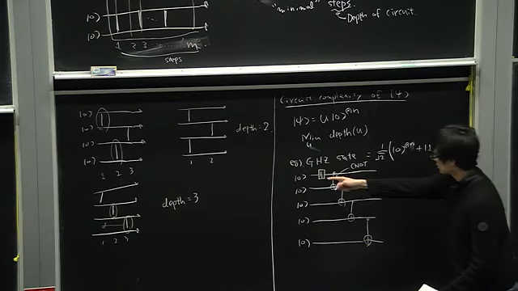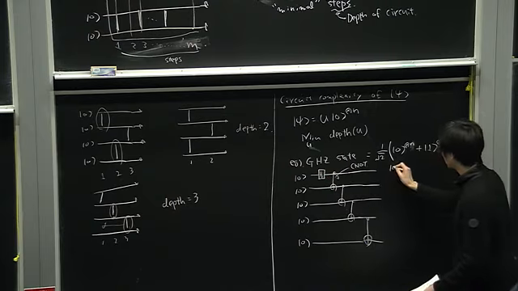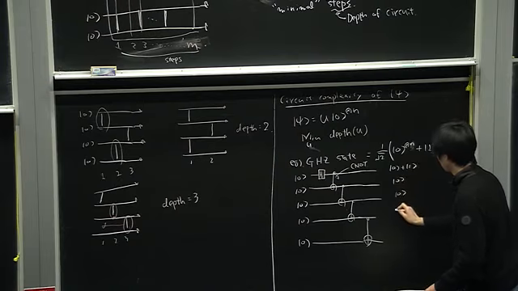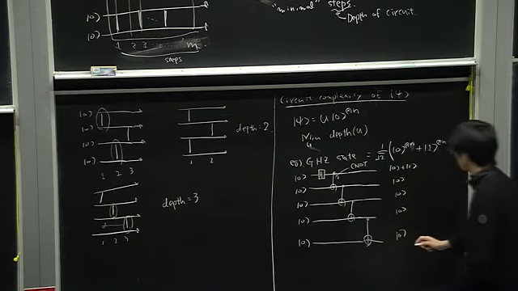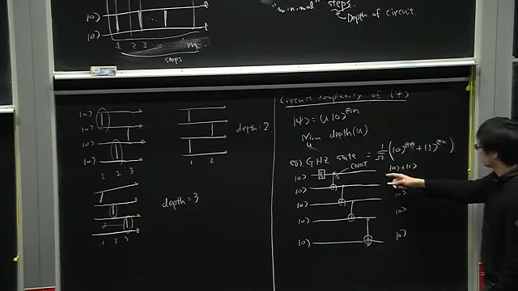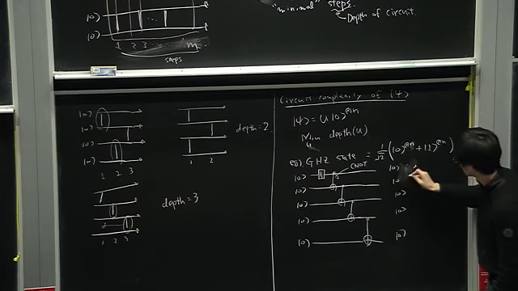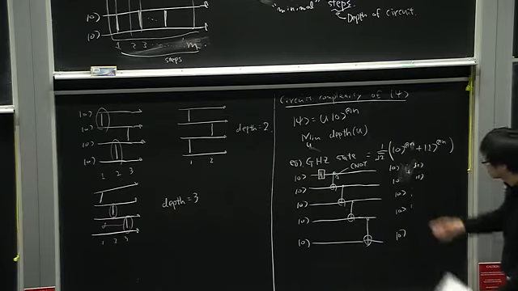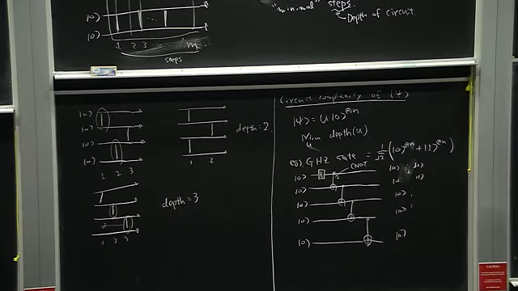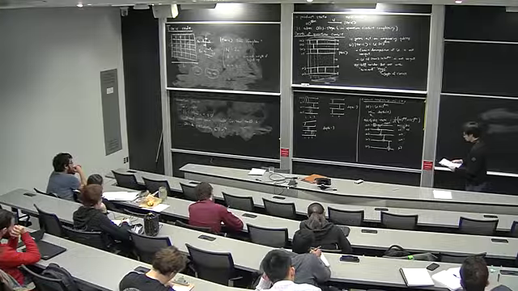Then the point is that after implementing Hadamard, you get a superposition, and then by controlling on the result being 1, you change it to 00 plus 11, and keep doing it. I think this is a well-known protocol. So if you are interested, you can check it by yourself.